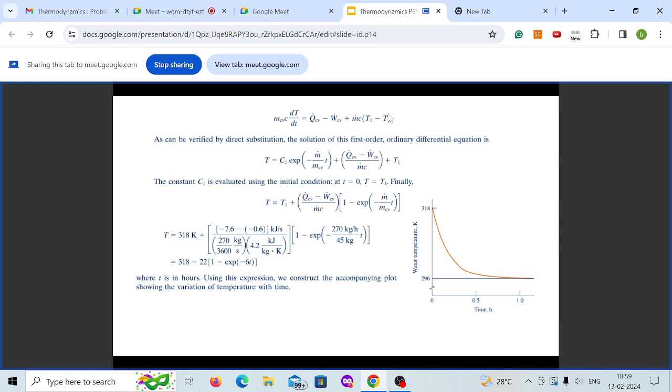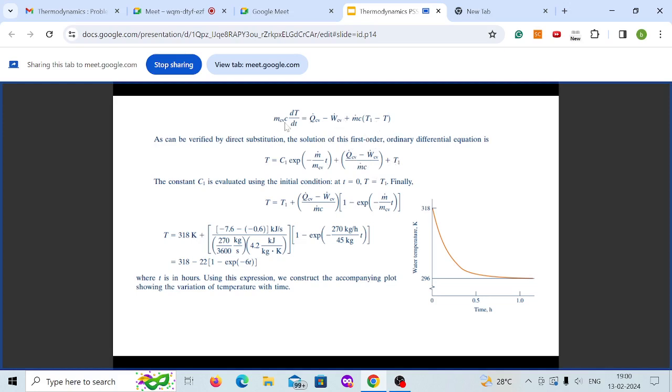We are assuming the variable T there. We know Q dot CV, we know W dot CV. When you integrate this, you will end up with this equation for temperature: T equals C1 exponential of minus m dot by m_CV times t, plus (Q dot CV minus W dot CV) by m dot C, plus T1.